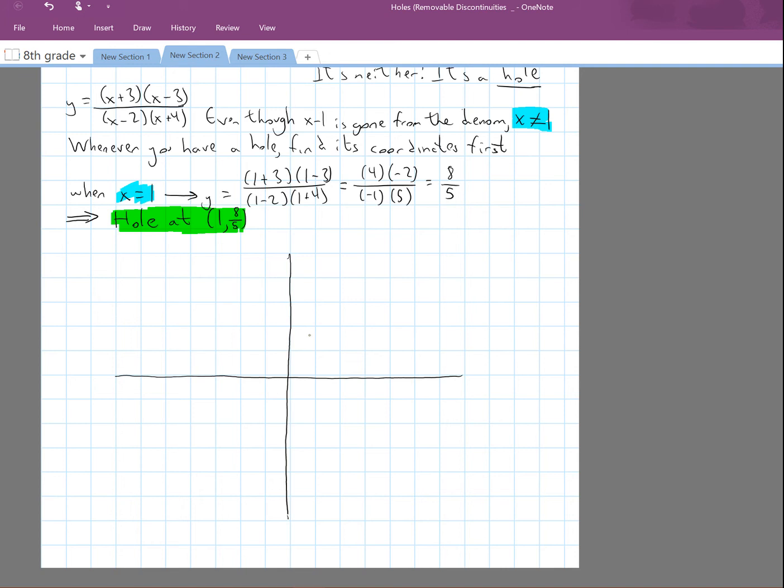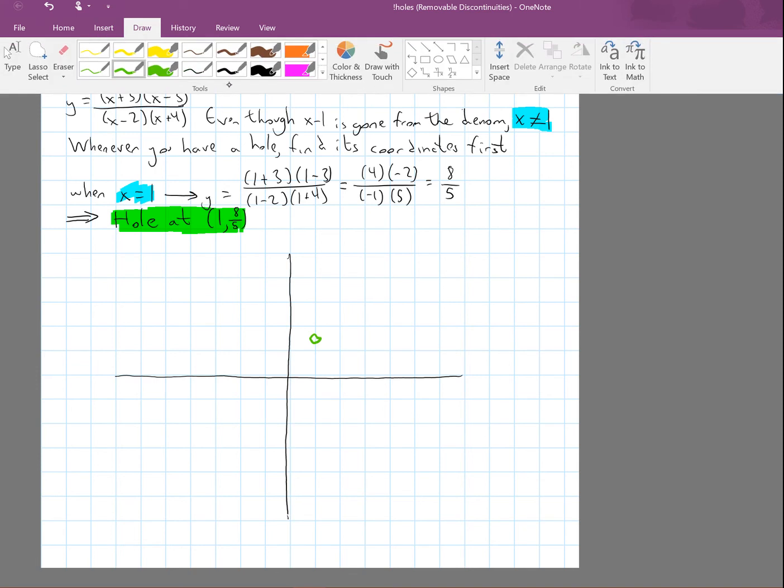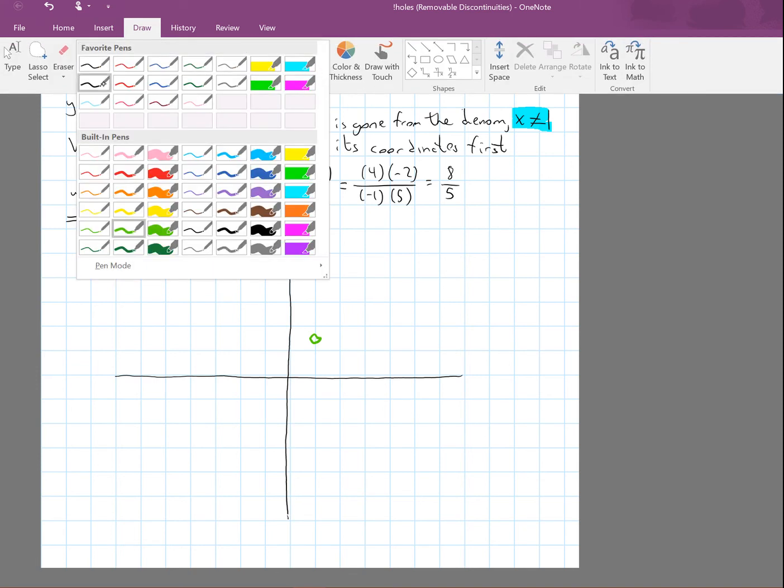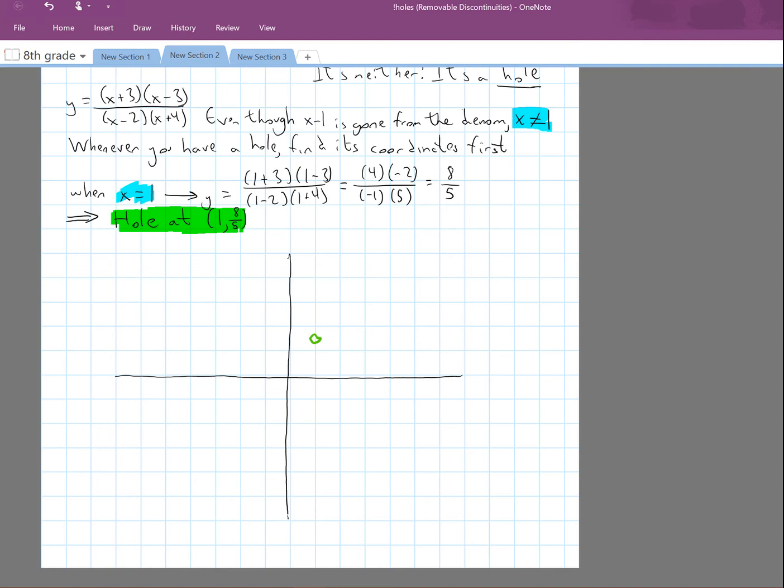So at 1, 8/5, which is like 1.4, we actually are going to have a hole. Maybe I should make that a bit thicker. All right, and you'll see how this comes into play. Remember our other steps, and it's going to get kind of smushed, but hopefully not too bad. Now that we have a hole, first step is vertical asymptotes.